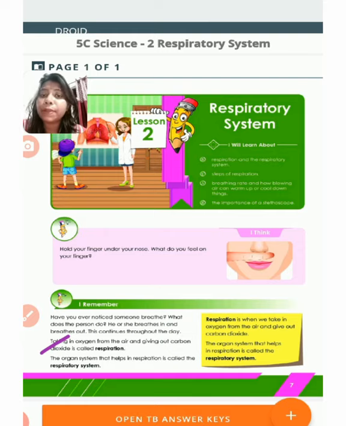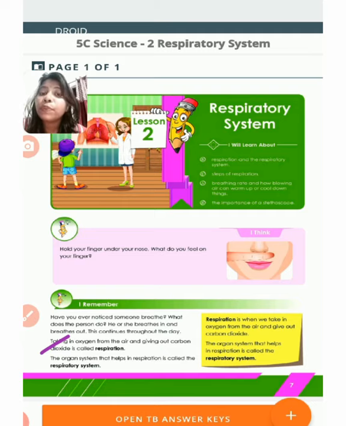This is a very important process in our body, because without it we cannot survive for a longer time. So taking in of air and taking out of air is your respiration.